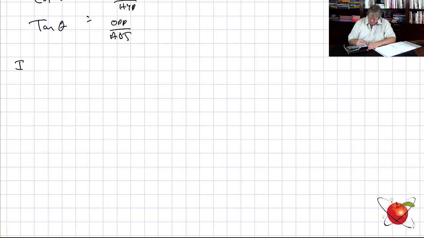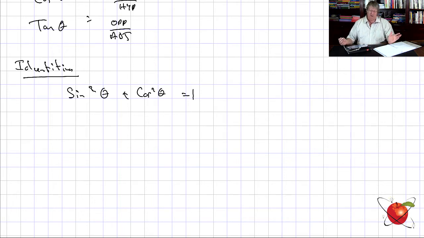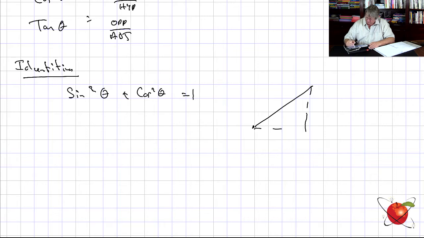Then we heard something called identities. An identity was, we proved that sine squared of theta plus cos squared of theta is equal to 1. Just to recap, if you ever asked how to do it, take an acute angle and let the sides be whatever you like: x, y, r, or opposite, adjacent, and hypotenuse.